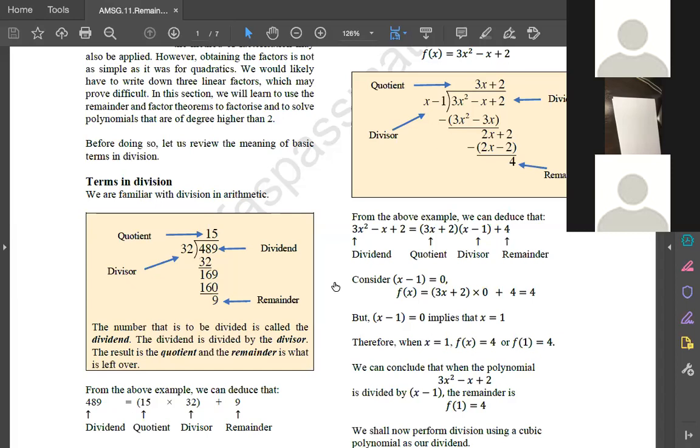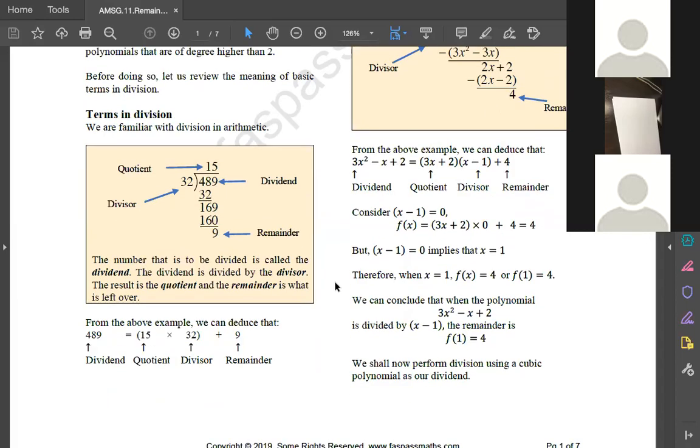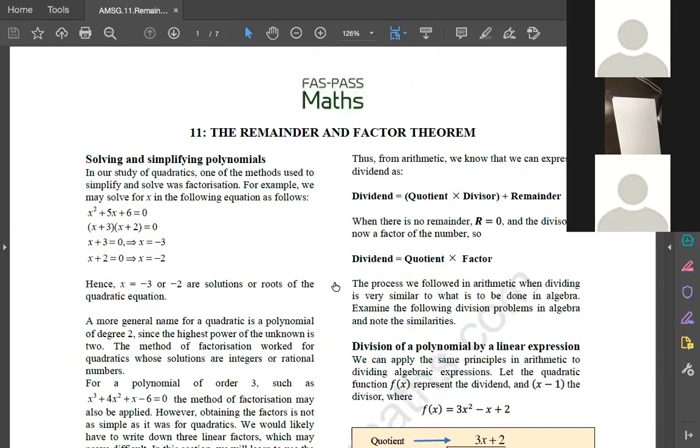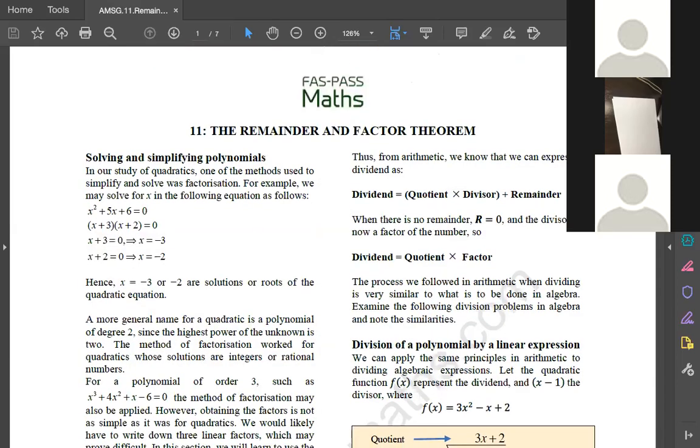The leftover is the remainder. Very simple. So 489 is going to be 15 times 32 plus 9. So 489 is the dividend, 15 is the quotient, 32 is the divisor, and 9 is the remainder.